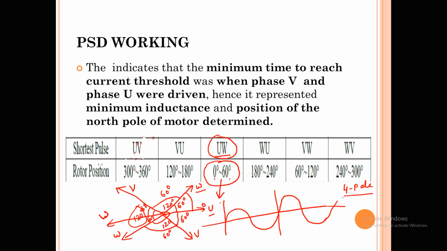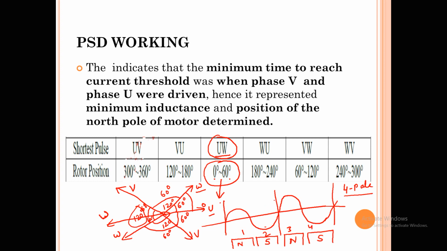So each magnet, let's assume this is N, this is S, this is also N, and this is also S. So if you have 1, 2, 3, 4, it is a full 4-pole motor.